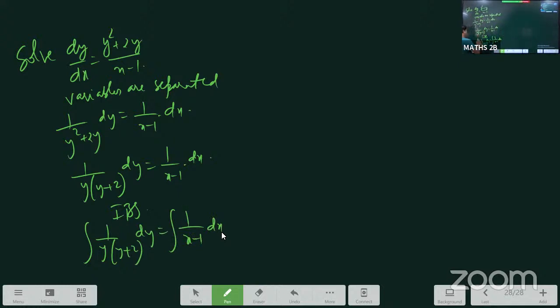Now integration of 1 by y into (y + 2), again partial fractions. I am doing directly. This is y and y + 2. Take LCM, minus 1 and 1. But what is happening? Extra 2 I am getting, correct? Take LCM, (y + 2) minus y by y into (y + 2).